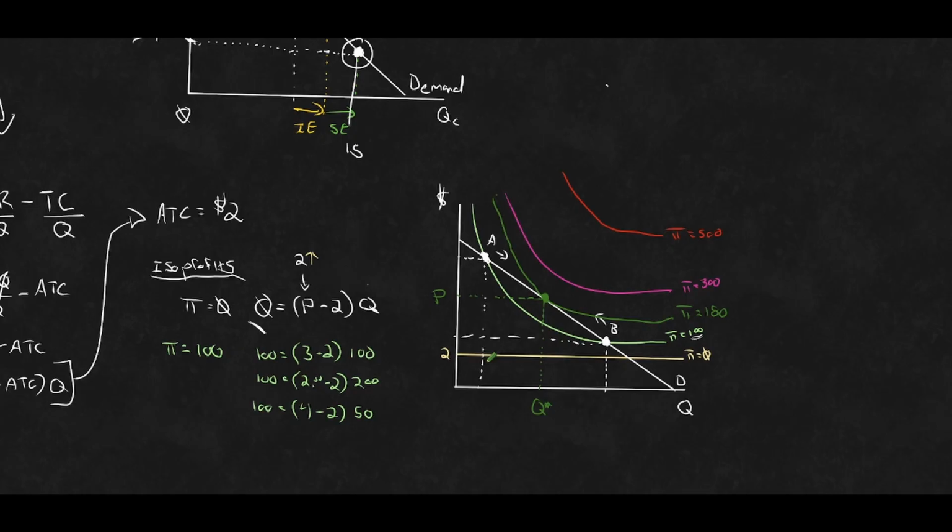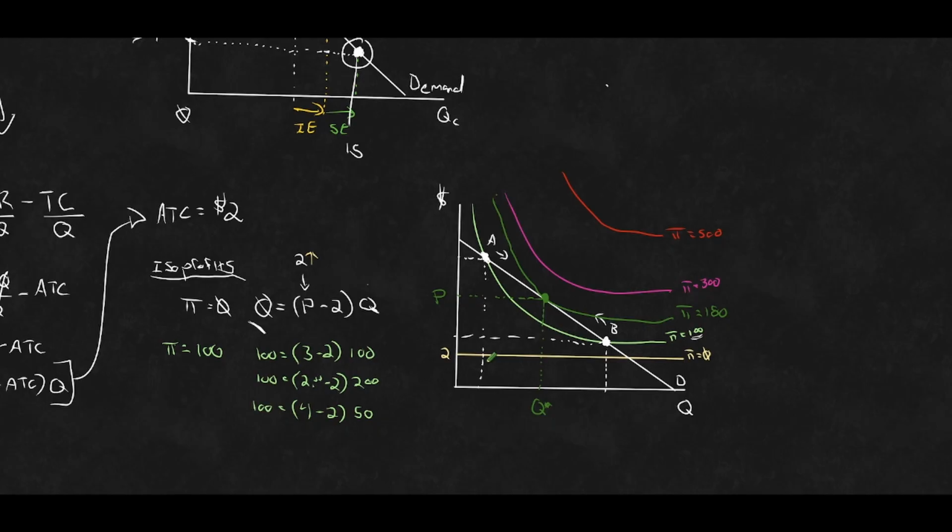So again, just like we did in every other chapter up until this point, we've identified a feasibility set. Given that feasibility set, we've said, okay, what are a bunch of points that we're indifferent between? And then how do we get to the highest possible indifference curve, the highest possible isocurve, such that we are the best off that we could be? In the context of the firm here, we said our feasibility set is our demand curve.